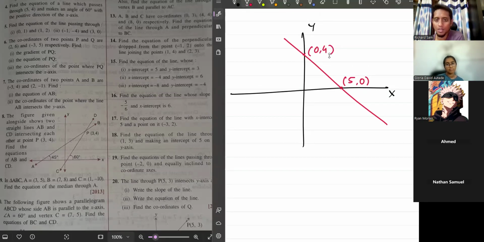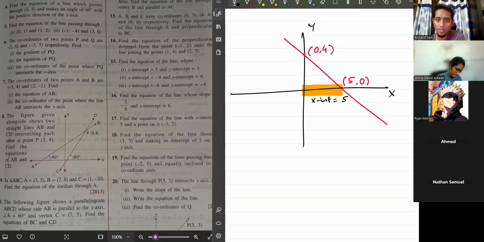Okay. Now, this distance from here to here is called the x-intercept. Understand what is x-intercept? It's a distance from 0 till that point. So how much is x-intercept in this case? It's 5. Okay, whatever this point is. Yeah, so that's the x-intercept.